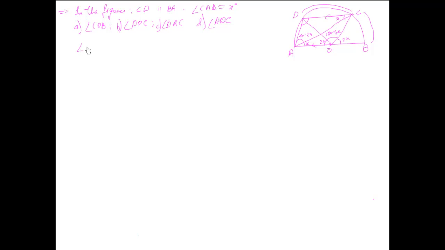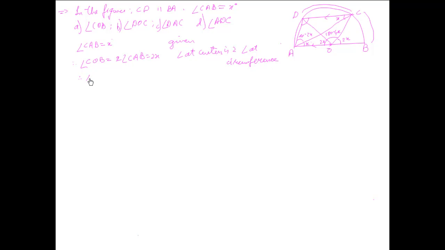To begin with, what's been given to us, that's angle CAB equal to x, which is given. Therefore, children, the next part, that's angle COB equals twice angle CAB, equal to 2x. That's angle at center is twice angle at circumference.